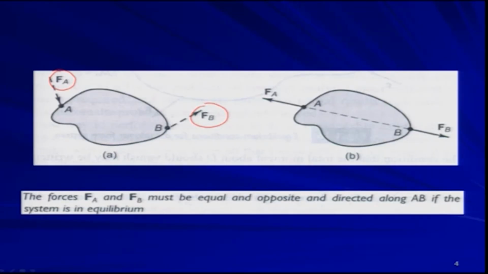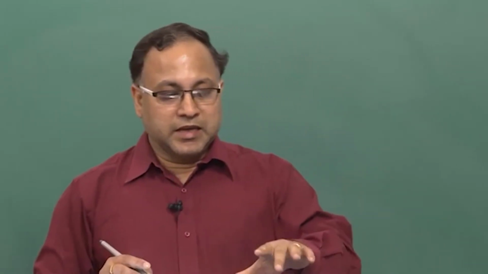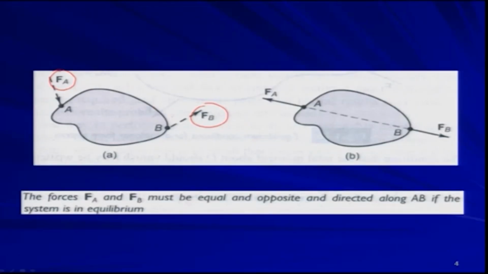If the body is not under equilibrium, then it can be anything; any direction or any orientation is possible. But if the body is under equilibrium, then I cannot have random orientation of these forces. Okay? So, that means the forces FA and FB should have some proper orientation.